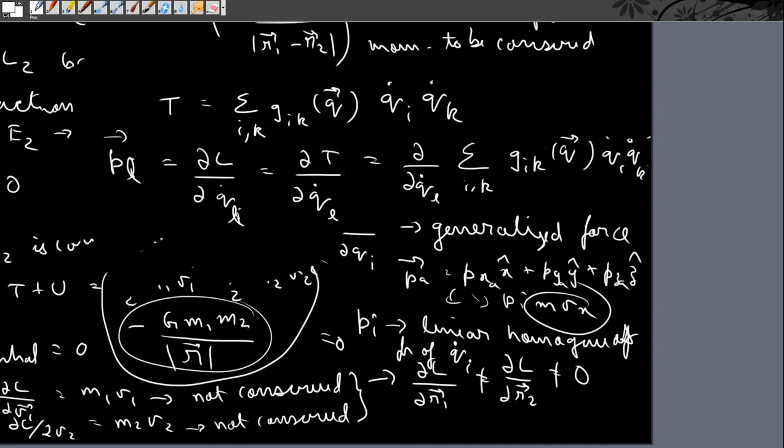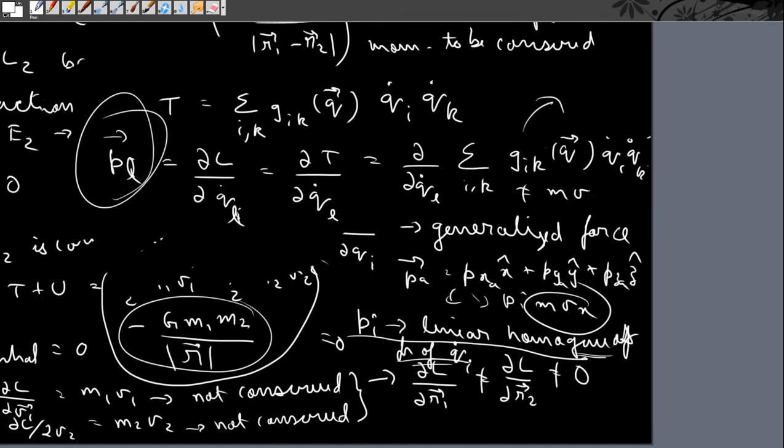And we will see that when l becomes equal to i or k, when you differentiate, this becomes a linear function in terms of q dots, and that is what I mean by linear homogeneous function of q_i dot. So this will not in general be equal to m times v when you talk in terms of generalized coordinates. Only in Cartesian coordinates will this be mass times velocity. Okay, so I hope you have understood what has been taught in this video. See you next time.